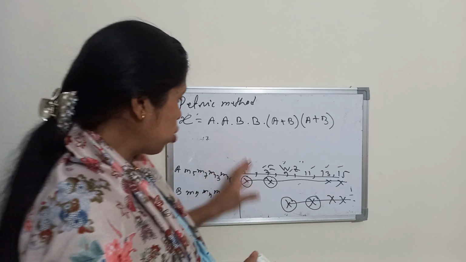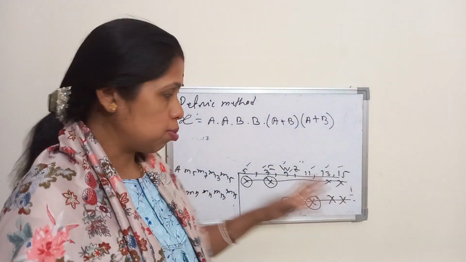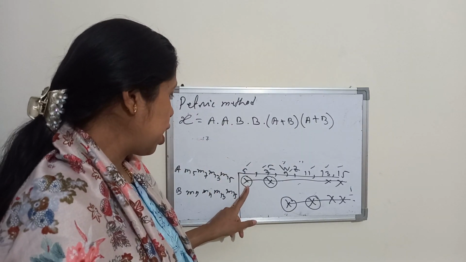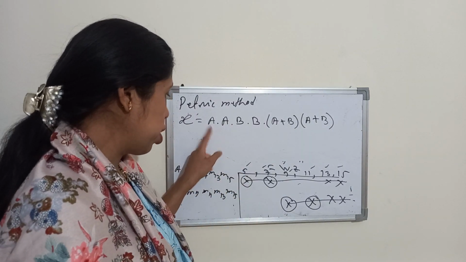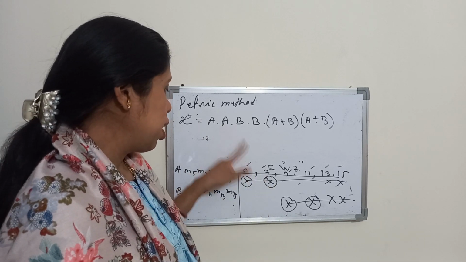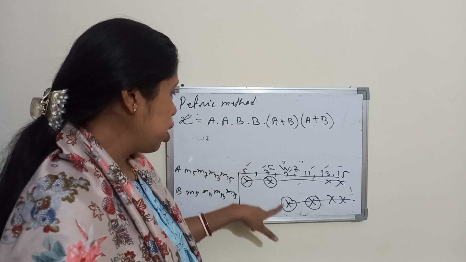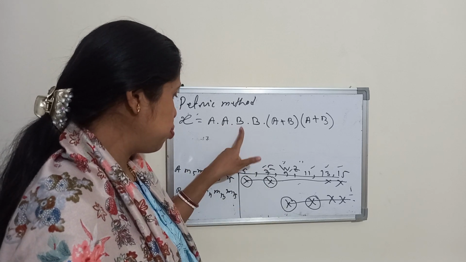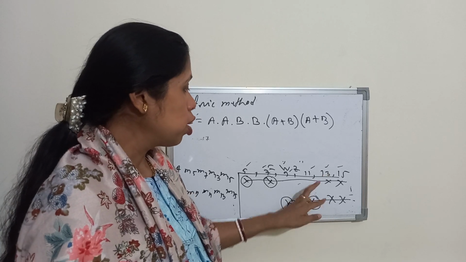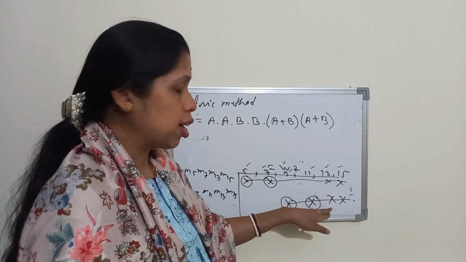Now I am including all the vertical columns in the formula. First column x: x is in which row? A. Then I am adding one more column, dot, then x is in A. Then this x is in B, this x in B. Now here, in this column, two x's are there. One is in the A row and another is in the B row.